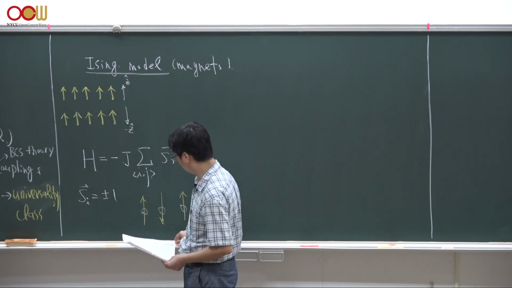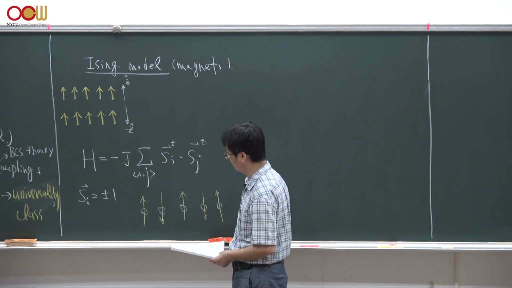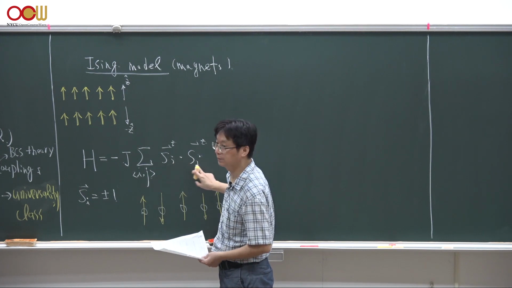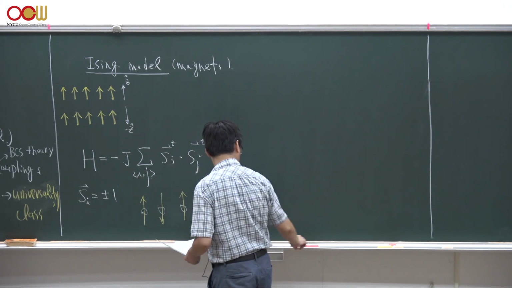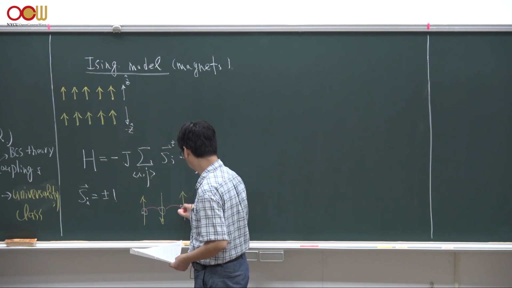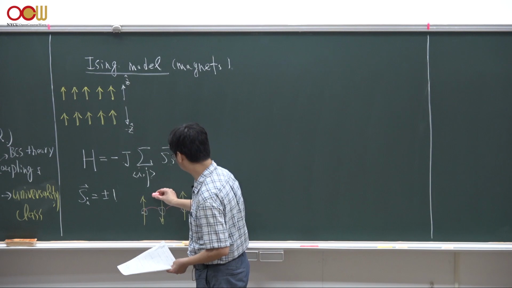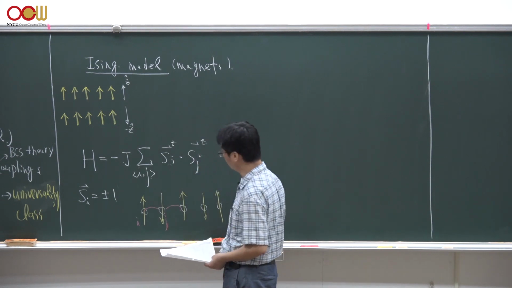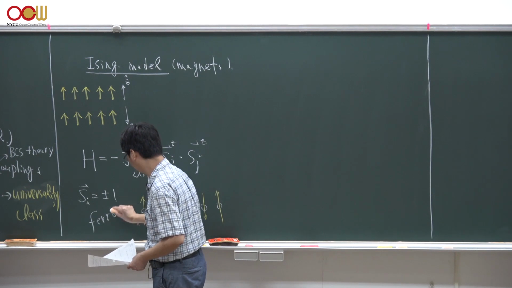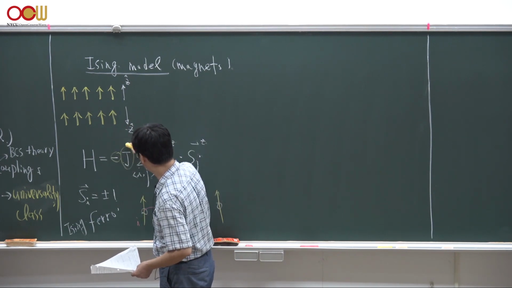So it can be just in units of h bar or half of h bar, just plus or minus 1. And therefore, it is just a coupling of the nearest neighbor spins, but all the spins can point to just the plus or minus z axis. That's all. So it's the nearest neighbor spin-spin coupling, and the coupling constant for the Ising ferromagnet is minus J, and J is positive.